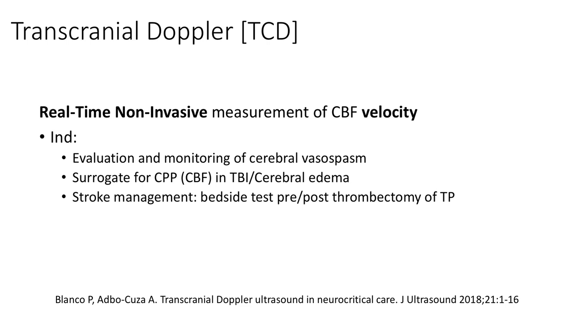We're doing that in the ICU to evaluate and monitor cerebral vasospasm after subarachnoid hemorrhage, or if we need a surrogate for cerebral perfusion pressure and cerebral blood flow in brain injury and cerebral edema, or for stroke management as a bedside test pre- and post-thrombectomy, after TPA.